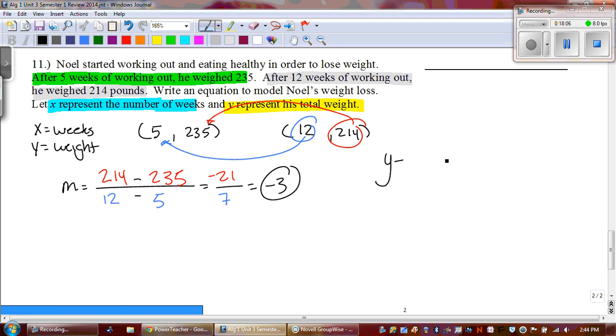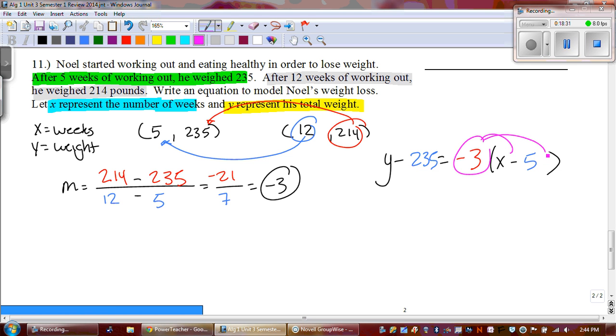So now that we know what our slope is, we pick a point, pick the one with the smaller numbers or whichever ones you want to work with. I'm just going to do the first point that they give us. Okay. So I'm plugging in our slope of negative 3, and then X is your weeks, and then Y is the 235. And let's solve.